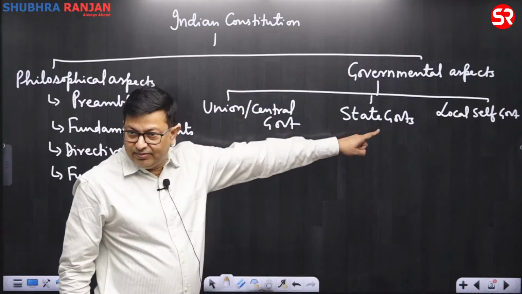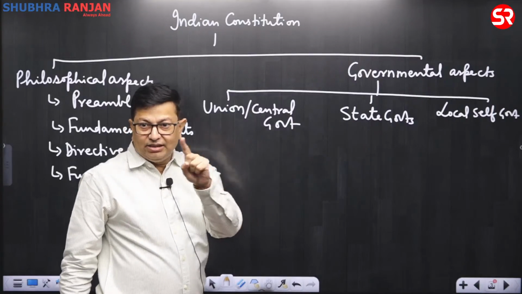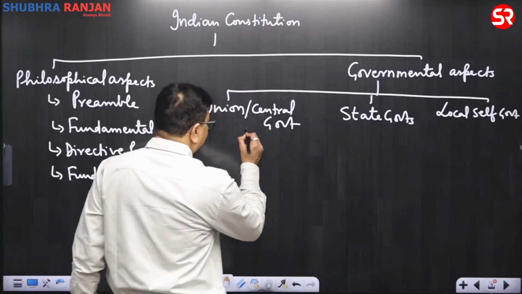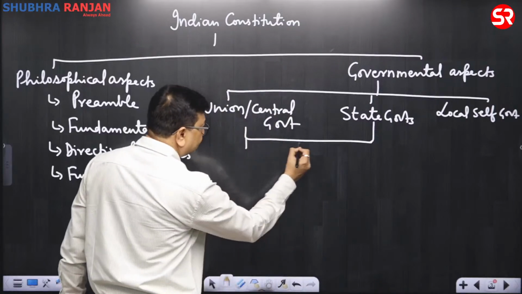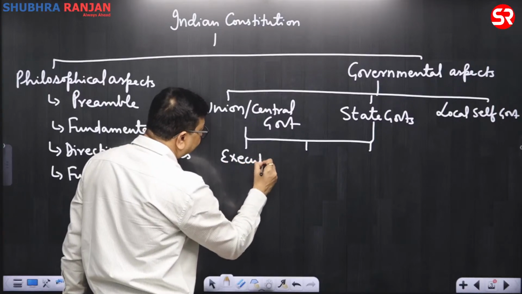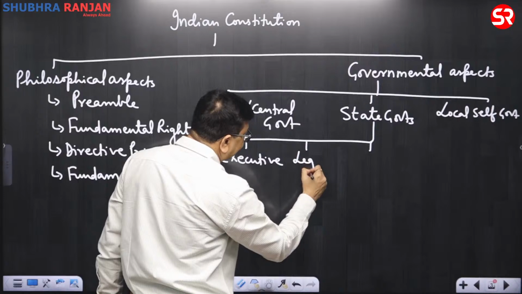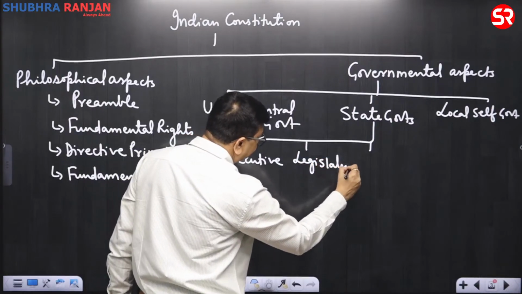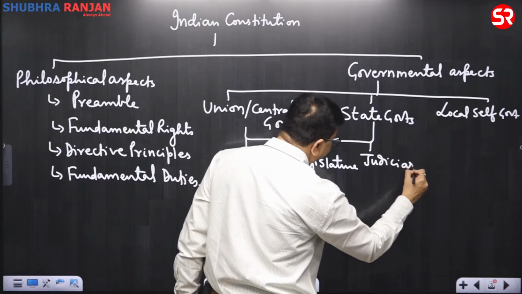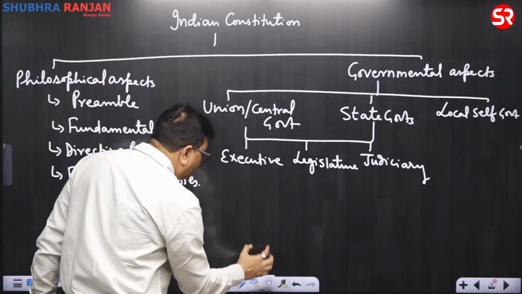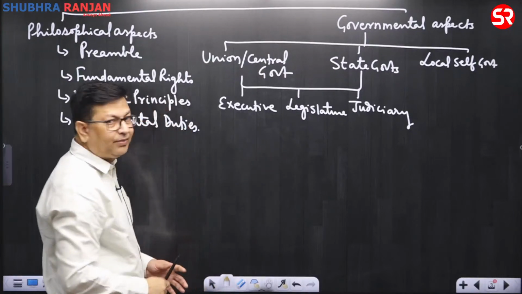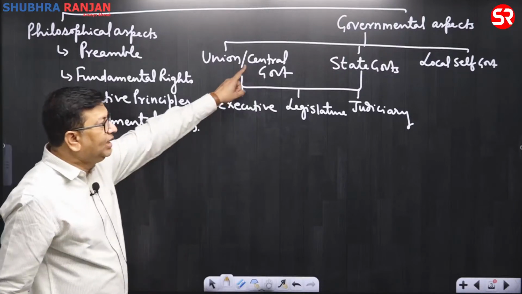Here state in the terms of Indian constitution, it is the states, that is the Tamil Nadu, Punjab, units we call them, provinces. The executive, legislature and judiciary at both the levels, that is at the union level and at the state level.